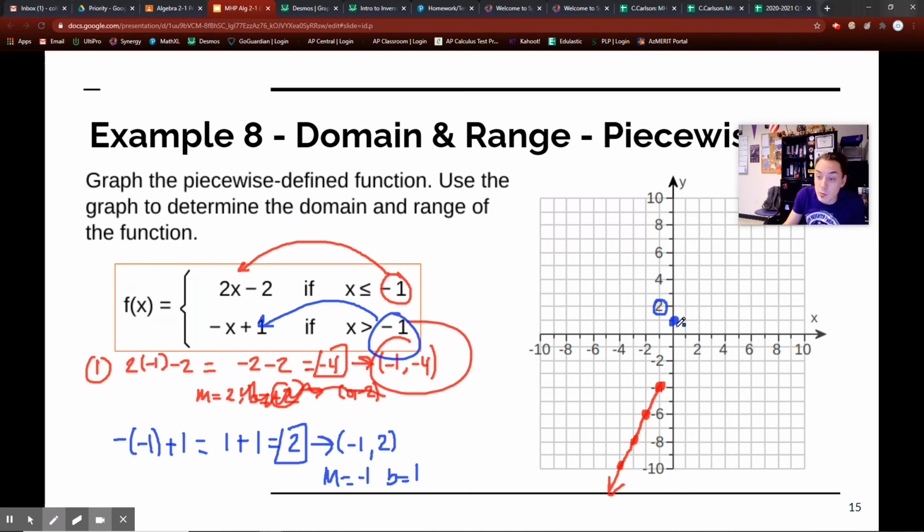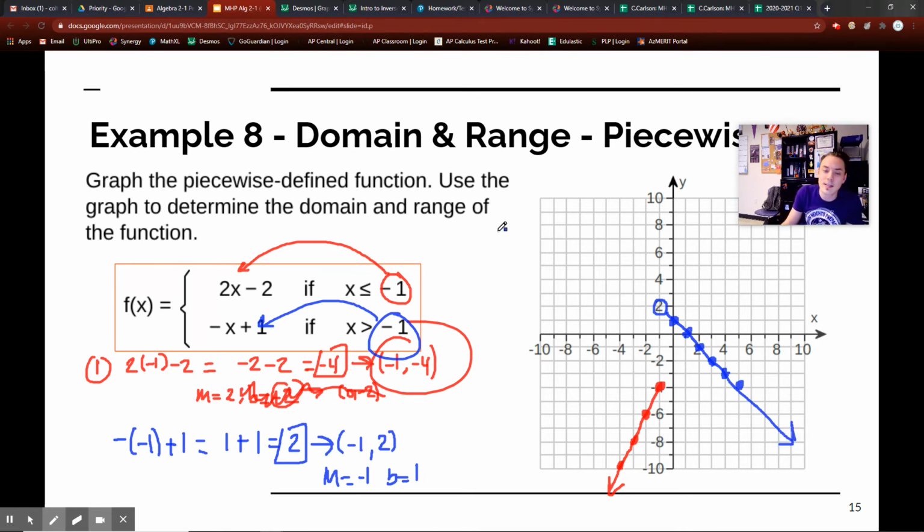Because it is greater, your b value is greater than, following my restriction, greater than negative 1. And then I can just continue with my slope, my little points here. Get some more, just so I can get a nice little straight line here. And then I screwed it up. But this is what it looks like.